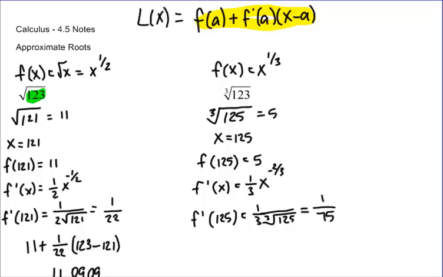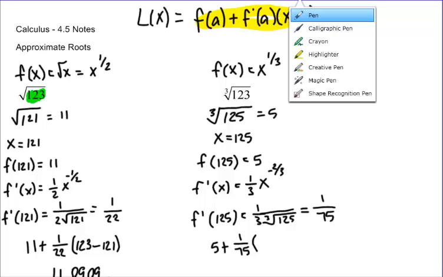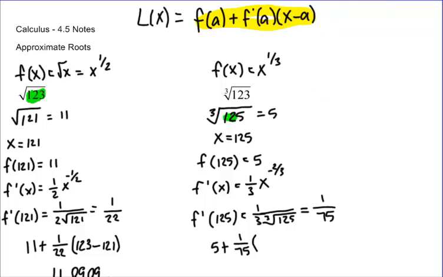So we're going to have 5 plus 1 over 75 times the point we're interested in, which is 123.